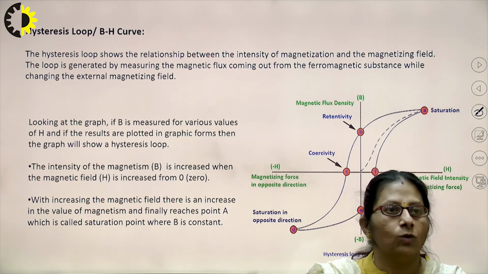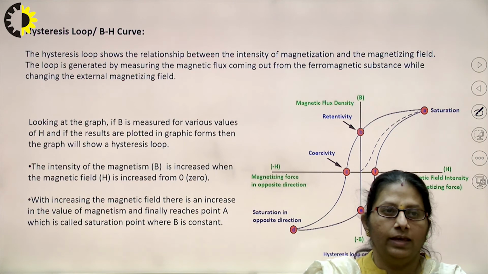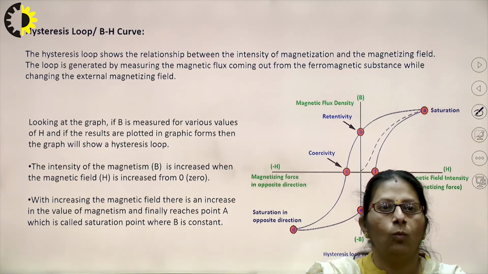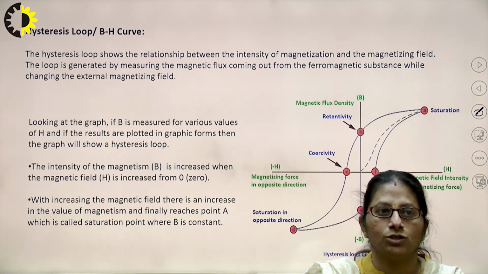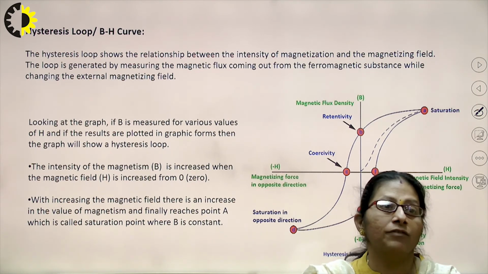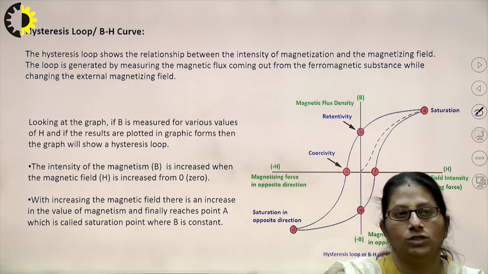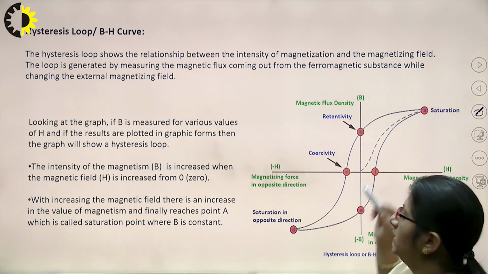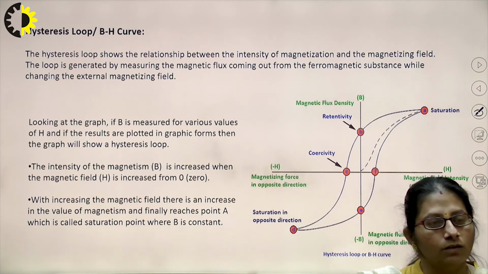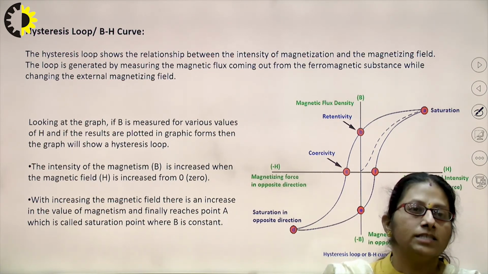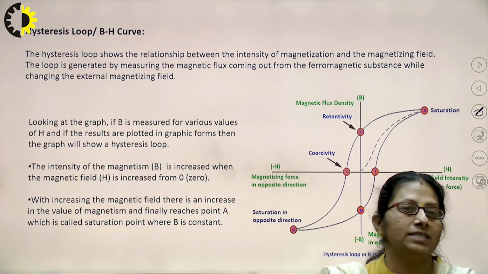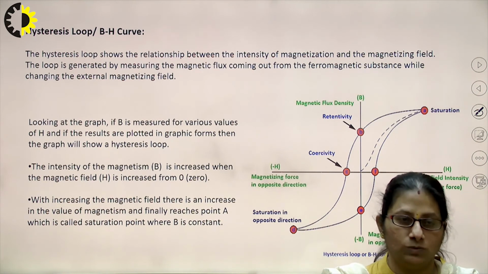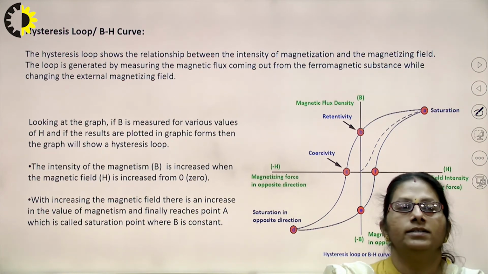If B is measured for various values of H and the results are plotted graphically, we get the BH curve or hysteresis curve. Hysteresis in Greek means lagging. Which one is lagging? We are going to discuss that.